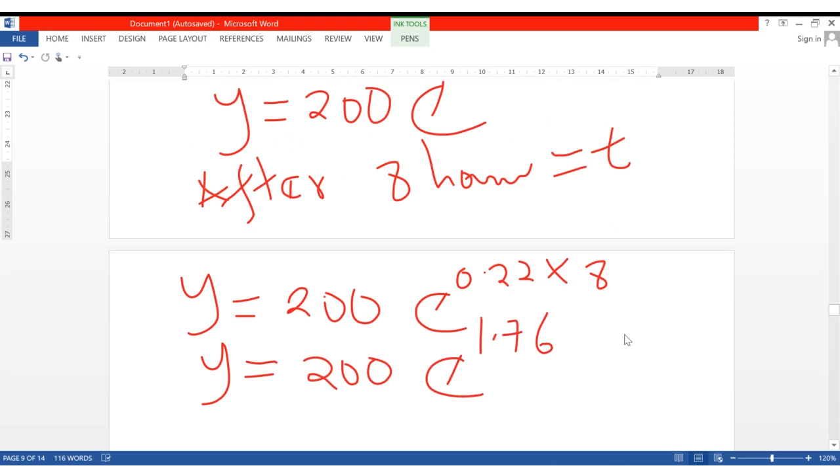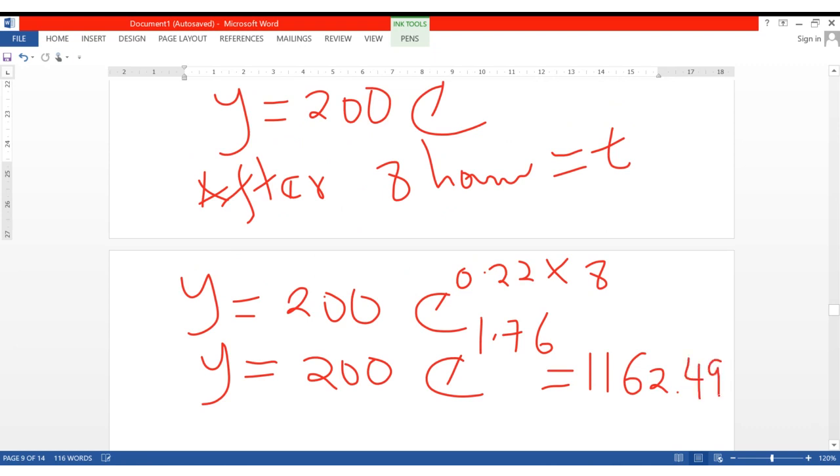So I'll do 200 times shift exponential of 1.76, and I'm getting 1162 point, let's say 49.